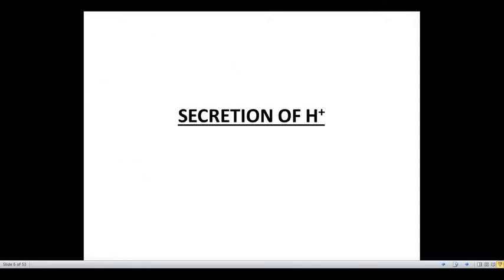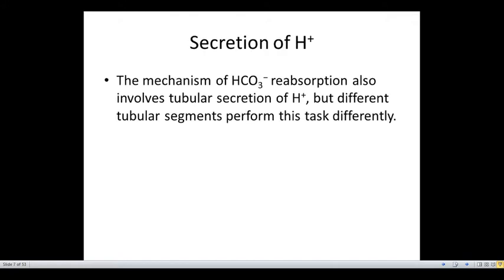Now let's study the first of these fundamental mechanisms, which is secretion of hydrogen ions. As mentioned earlier, the mechanism of bicarbonate reabsorption also involves tubular secretion of hydrogen ions, but different tubular segments perform this task, that is, secretion of hydrogen ions, differently.